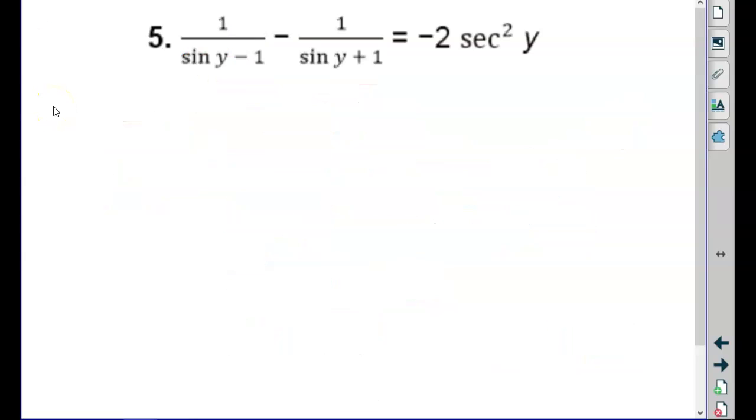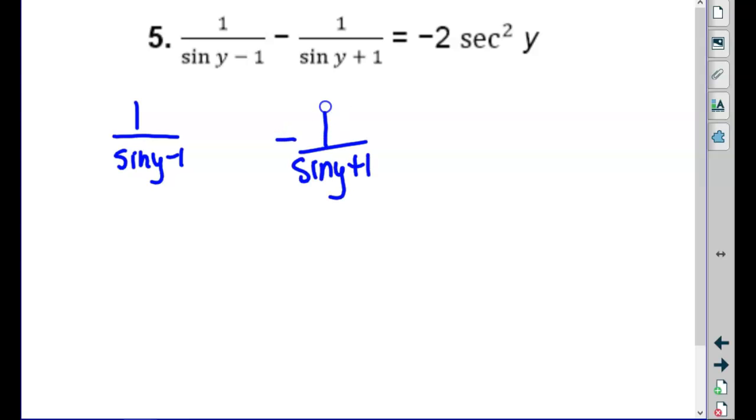All right, number 5. I'm thinking the left-hand side needs a common denominator, yes? So, I'm going to write 1 over sine y minus 1, minus 1 over sine y plus 1.